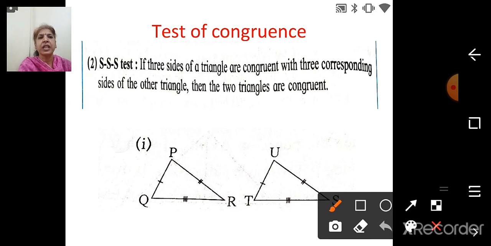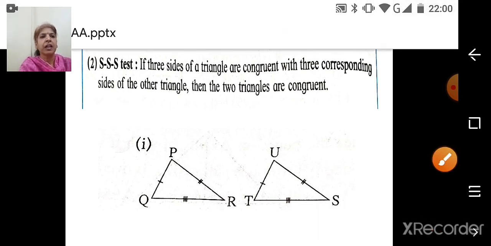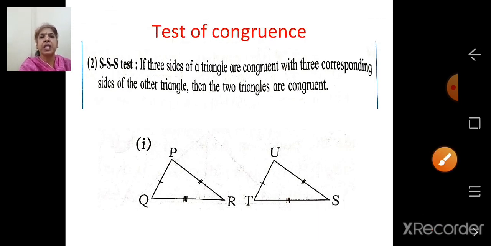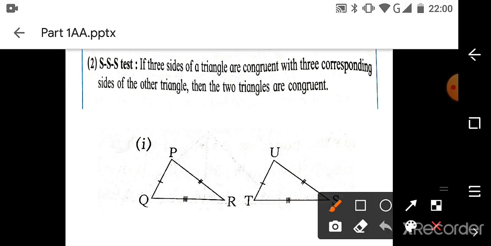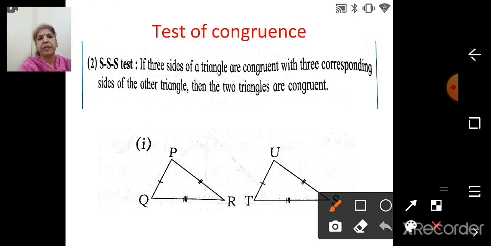So you can look at these triangles. Triangle PQR and triangle UTS. And you can see side PQ is congruent with side UT.